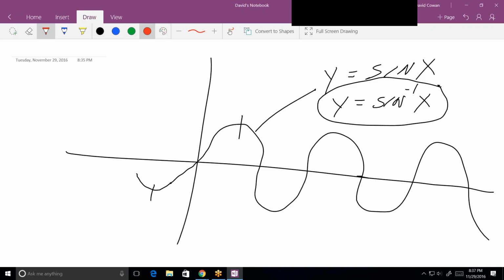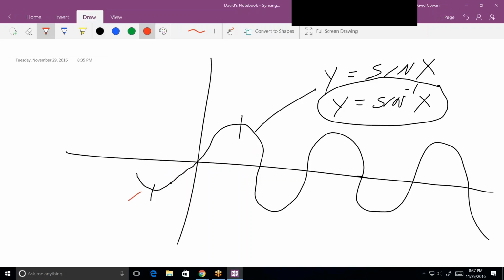In other words, the inverse of this function looks something like this. I haven't drawn it very well, but you can see that that's still a function. In fact, let me draw it a little bit easier. The other thing we know about inverses is that they are reflections about the line y equals x.